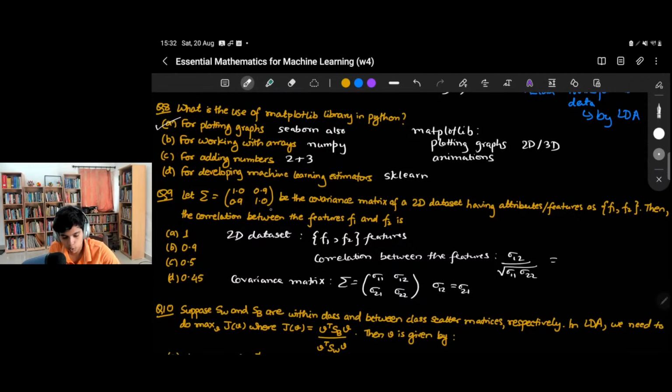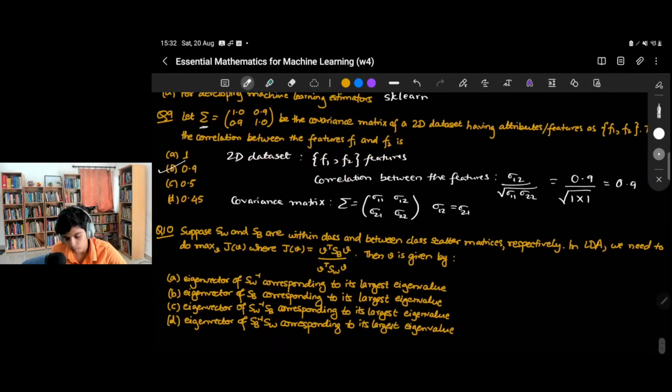So you are given this covariance matrix right here, and from there you plug in the values. Sigma 1,2 is nothing but 0.9, and sigma 1,1 and sigma 2,2 are both 1. So the correlation is 0.9.